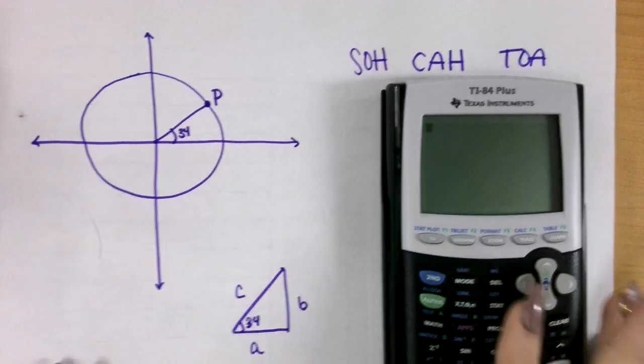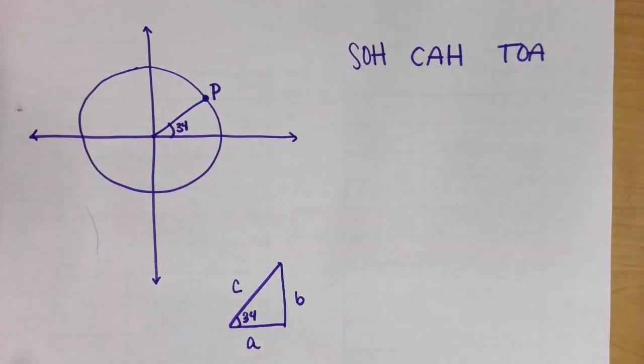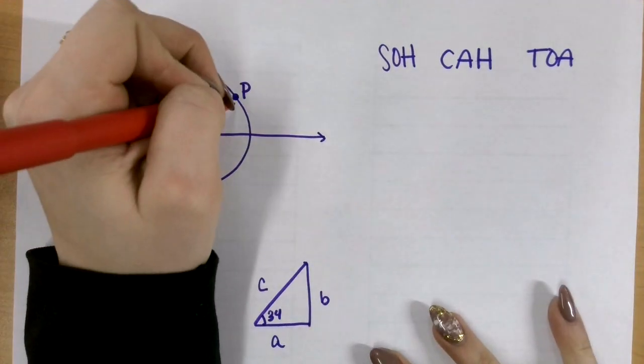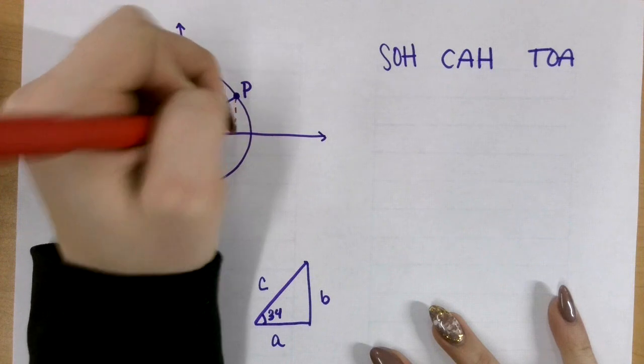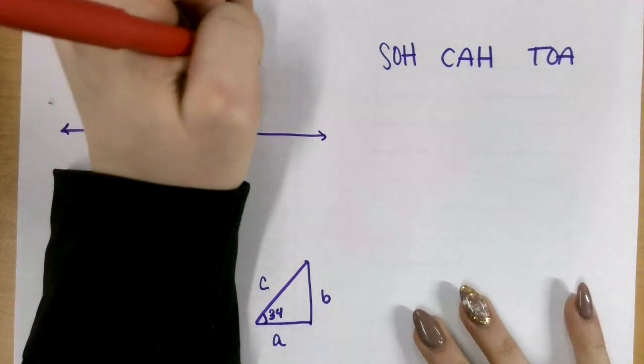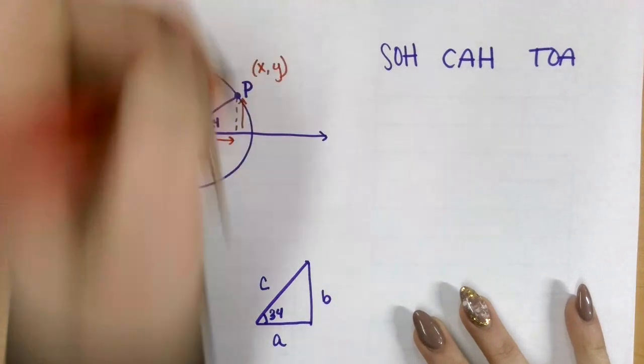All right, so the first thing that we're going to look at is a unit circle here with a degree of 34. So often I'll be asking for the exact coordinates of a point on our unit circle, okay? But we can do that by creating a triangle here, where x and then y creates our ordered pair.